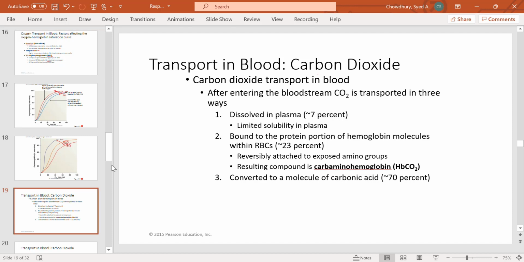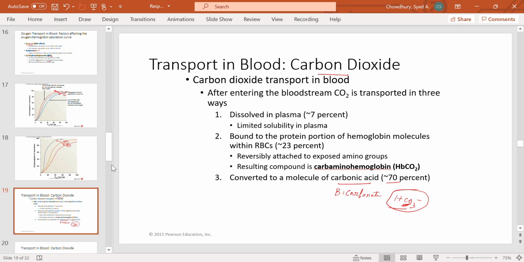How is the carbon dioxide transported? Carbon dioxide is mainly transported as bicarbonate, HCO3. About 70% of carbon dioxide will be transported as bicarbonate. You see carbon dioxide is here, right?